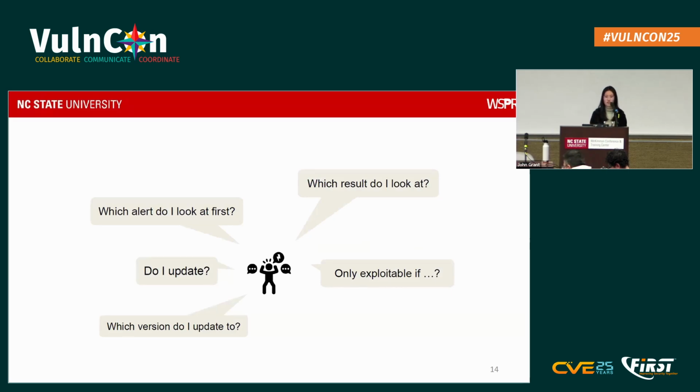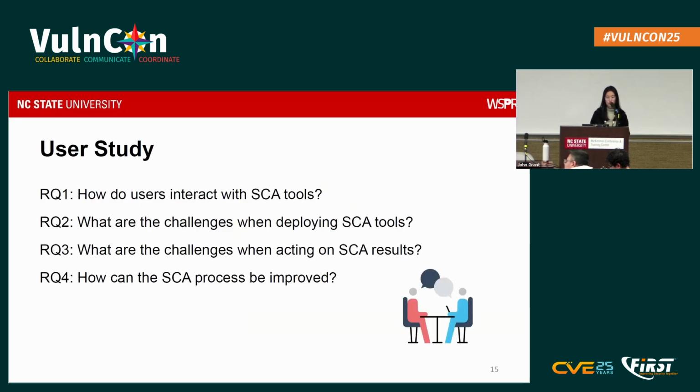You guys here might have run into other experiences, more complex experiences. And we really wanted to understand what challenges users run into when using these tools. And to do that, our approach is to conduct a user study where we try to answer our 4 main research questions. So we structured the research questions with a top-down approach.